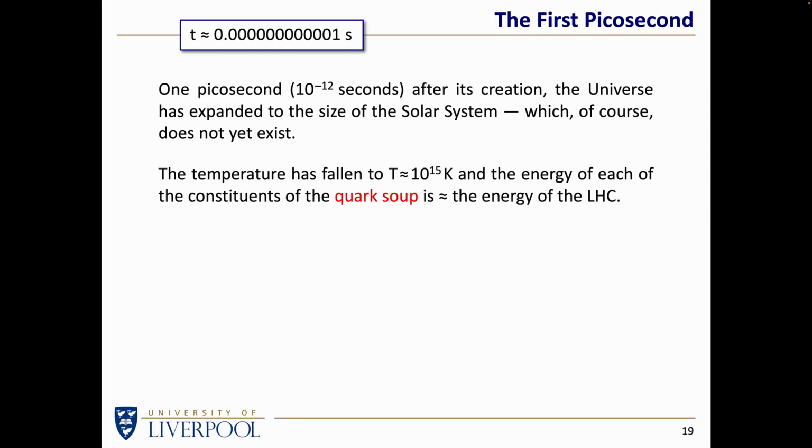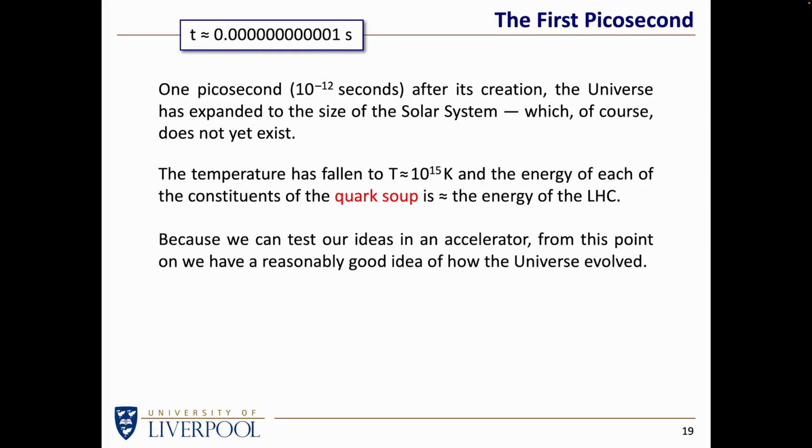So that is why we say that this is a watershed moment. From this moment onwards, from the first picosecond onwards, the particles that existed in the early universe being created from the energy that we've borrowed, they are of an energy that we can recreate in the laboratory. And hence we can test our ideas.